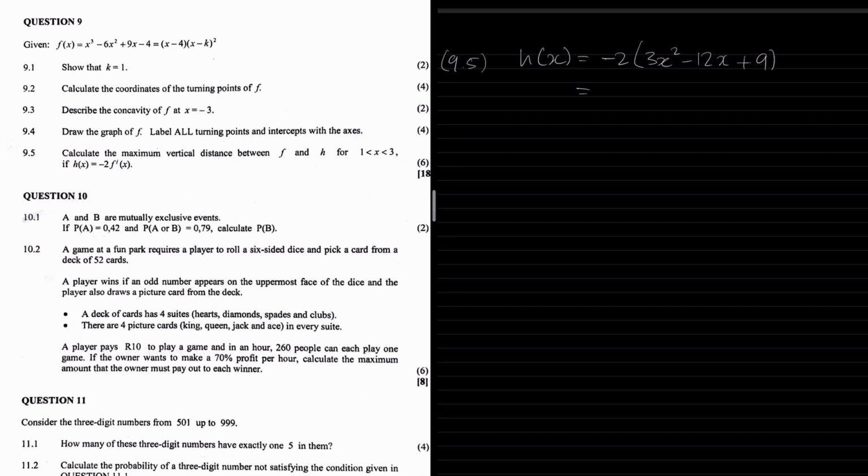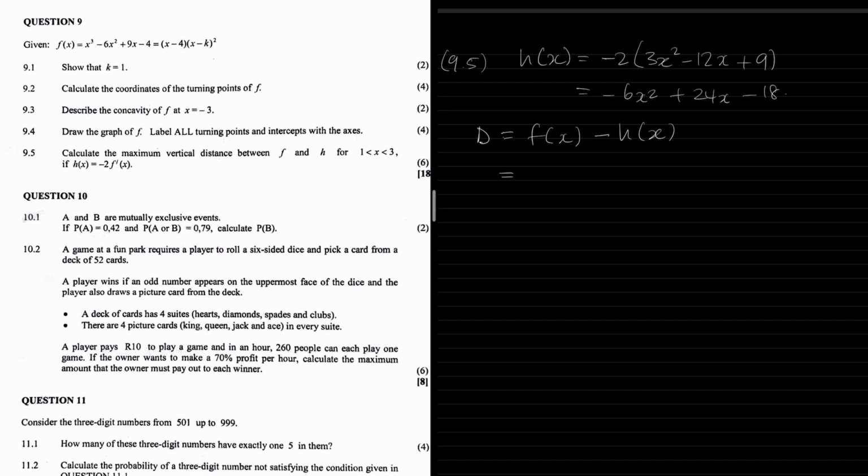That means h of x is going to be minus 6x squared plus 24x minus 18. Now remember, to get the vertical distance, let's call that d, it's going to equal f of x minus h of x. So you subtract the two.